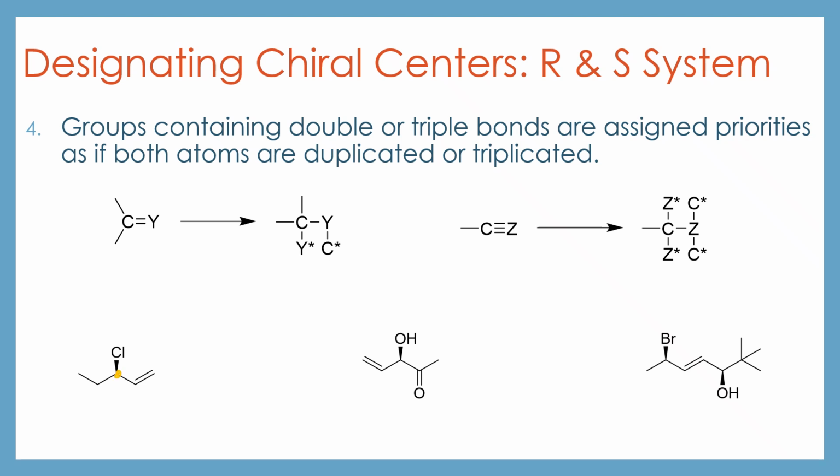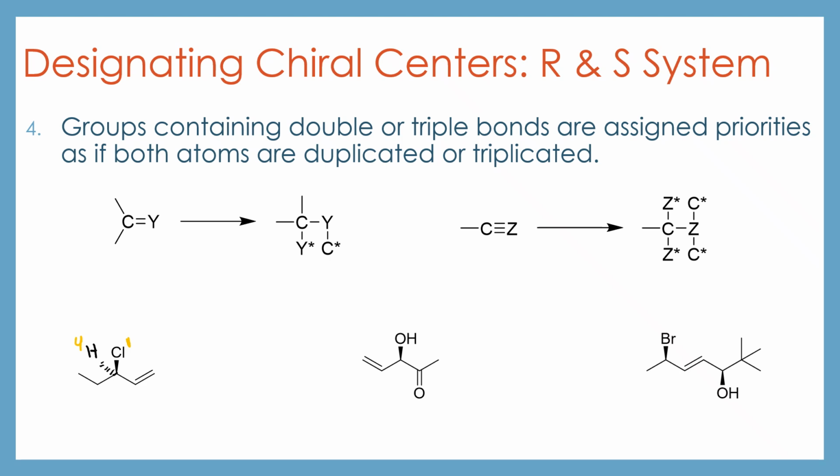We have this chlorine sitting on this carbon, and let's go ahead and fill in our hydrogen because we need it in order to do this. Hydrogen is going to be our low priority. The chlorine is obviously going to be our high priority.